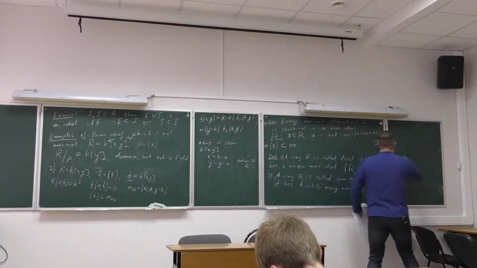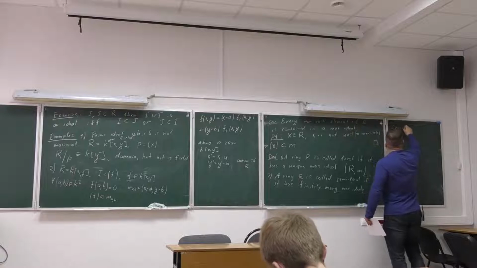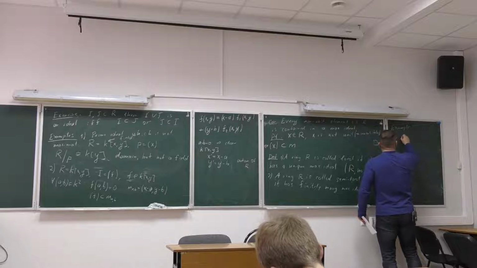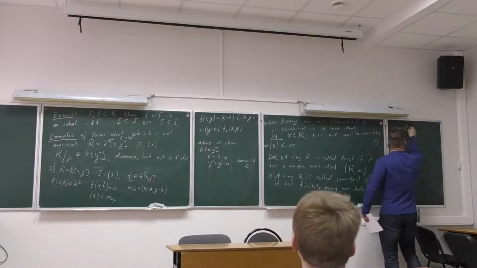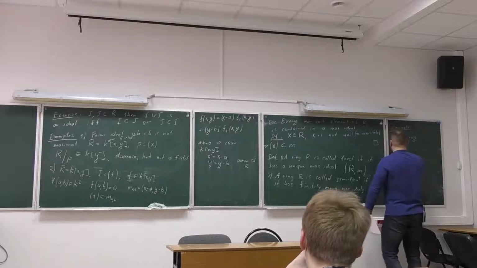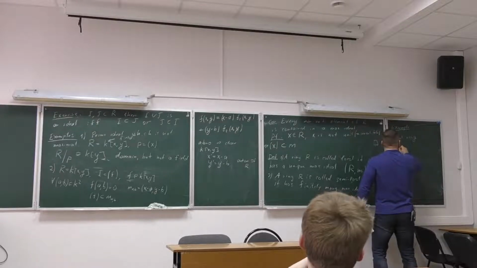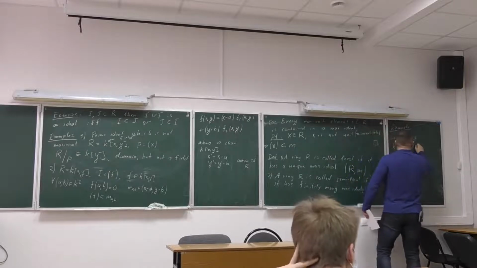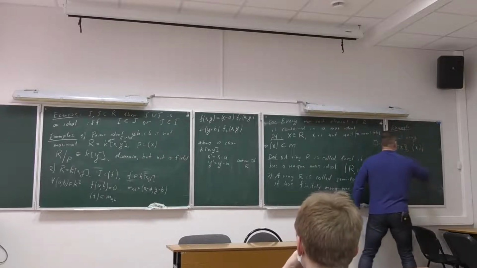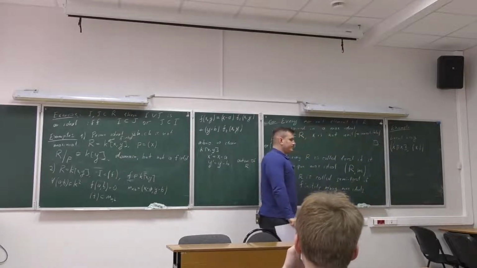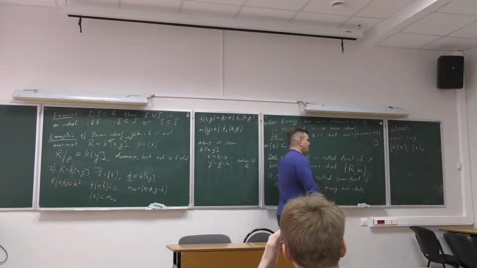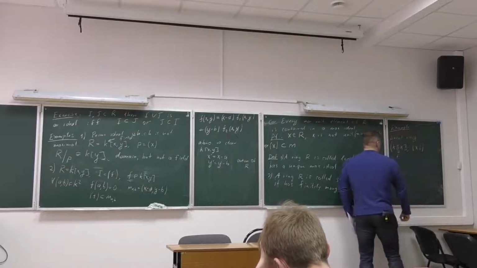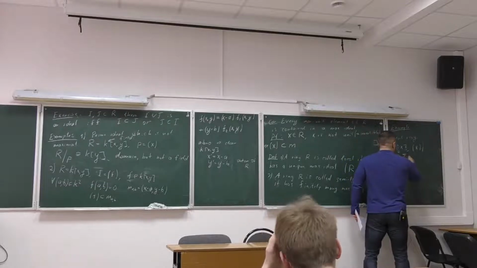Okay, example. The simplest example of a local ring is the following. You again take a field. Now you consider formal power series in one variable, and you take the ideal generated by x. If I take f in this formal power series ring, this is by definition an infinite sum.